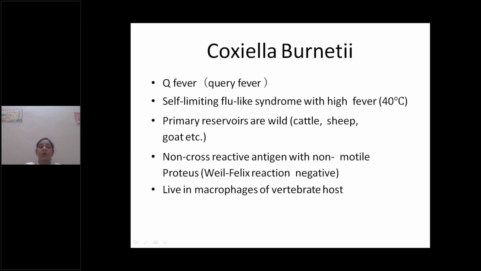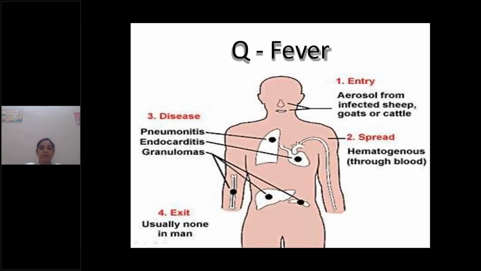They usually show non-cross-reactive antigen. And the bacteria usually live in the macrophages of vertebrates. The test is usually from Coxiella burnetii.